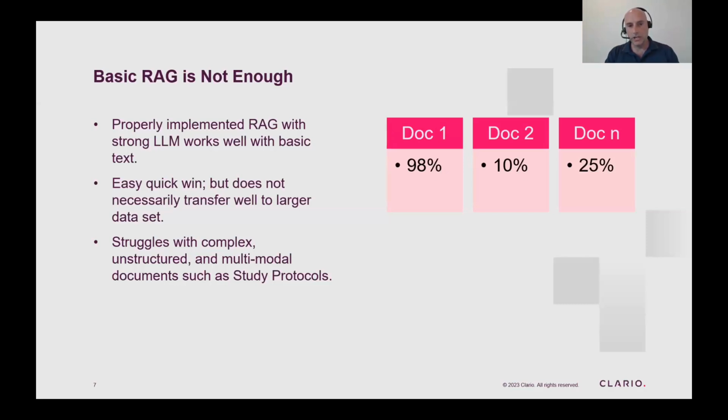So it's important to look at that holistically with a pure R&D perspective, such that you do have accurate results and don't just base yourself on one example or one prototype. Basic RAG is actually not enough, from our experience, to deal with complex unstructured information with multimodal documents, such as study protocols.